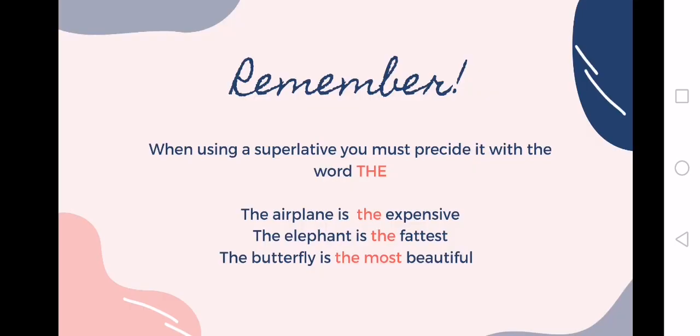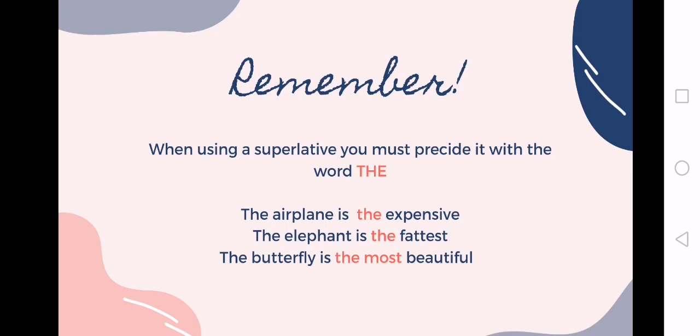And finally, remember, when using a superlative, you must precede it with the word the. As I was telling you before, for example, the airplane is the most expensive. The elephant is the fastest. And the butterfly is the most beautiful.